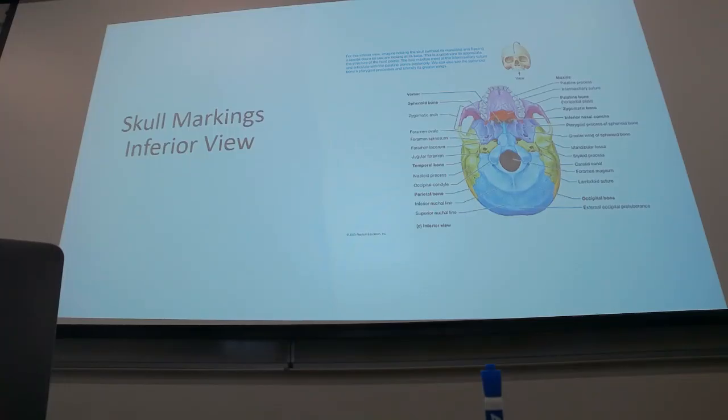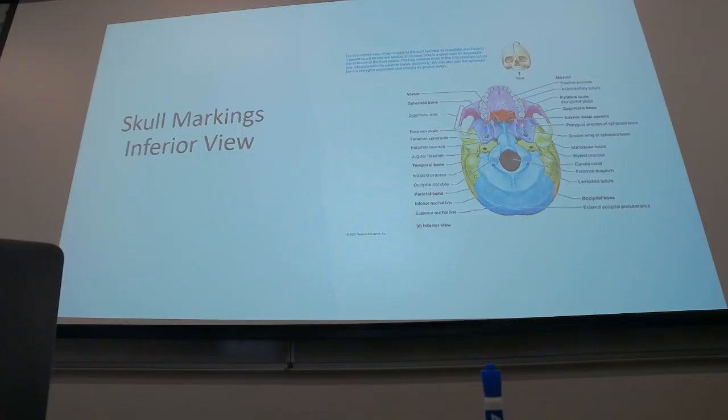All that it means is that this foramen, this hole, is a little bit round. This one is oval, and this one is jagged. ROS, rotundum ovale spinosum, from anterior to posterior, here in the greater wing.